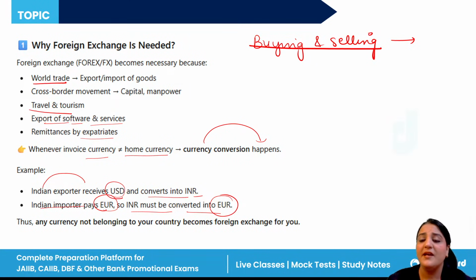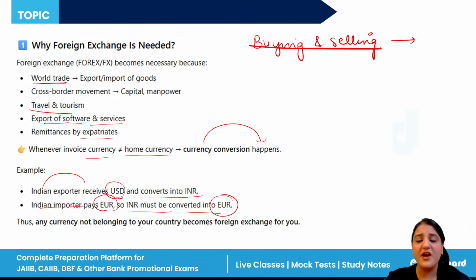Any instrument payable partially in INR and partially in foreign currency is also considered foreign currency. It means all claims that are payable abroad are foreign currency.